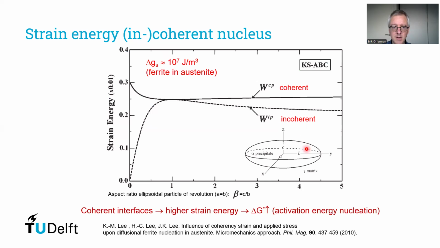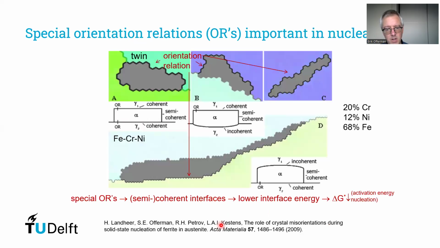So this is an ellipsoidal shape, and here the A and B axes are the same, and the C and B axes can be different, and that's indicated by the parameter beta and varied here along the x-axis. And when beta is equal to 1, we have a sphere, and otherwise we have this ellipsoidal geometry. And again, when we assume incoherent interfaces, the strain energy turns out to be lower than in the case of a coherent precipitate.